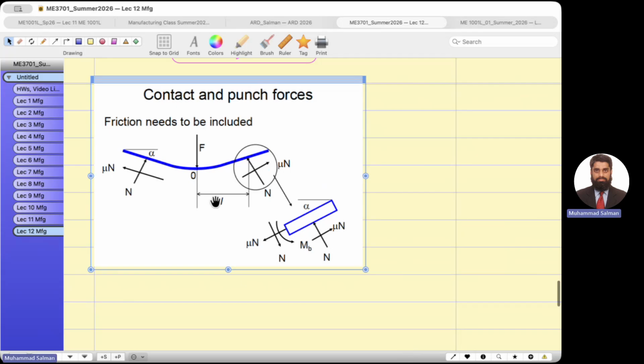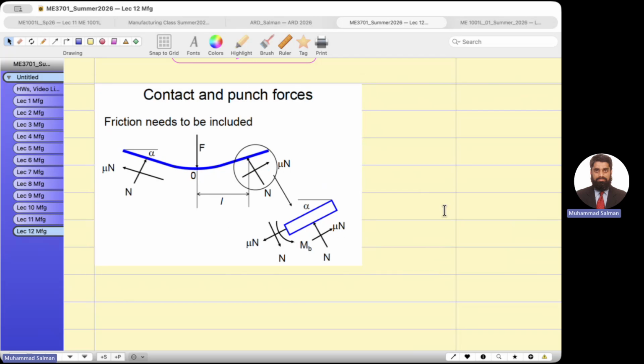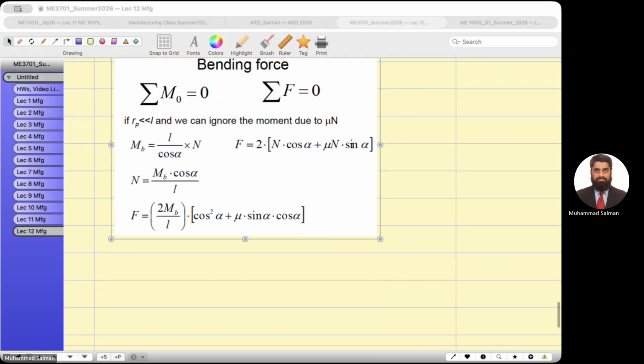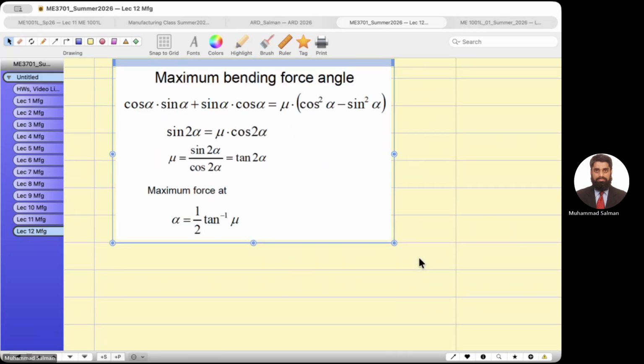When you exert the punch, there is some reaction force normal, along with the tangential component, which is mu times N. So the maximum force is at an angle, like at this angle. Okay.